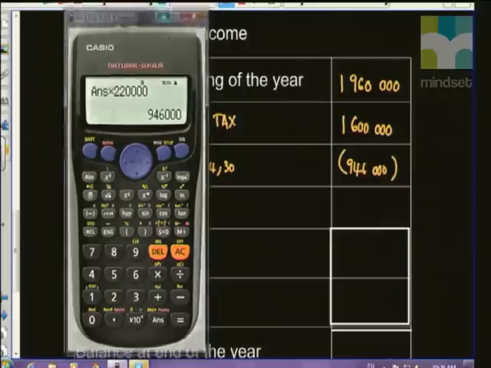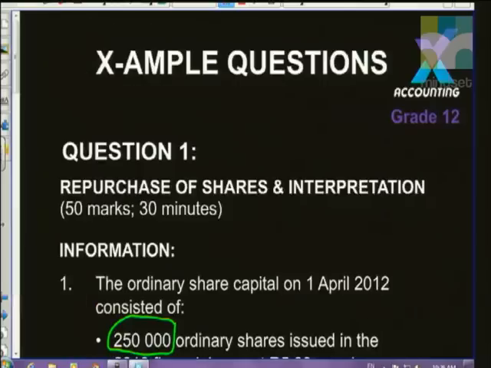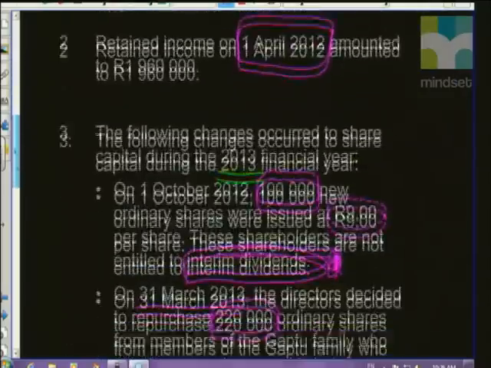Right, let's continue with this note here. Now we need to bring in our dividends. And with regards to our dividends, remember there were two dividends: the interim dividend and the final dividend. Okay, let's get back to our information. What do we know regarding dividends?